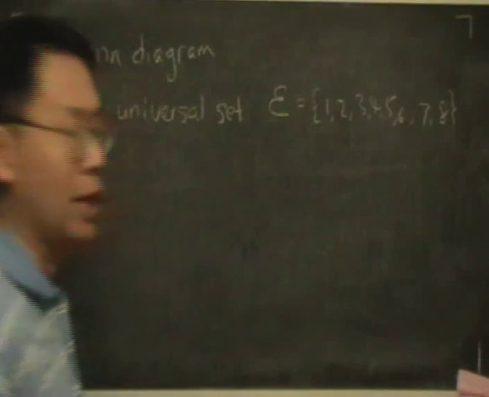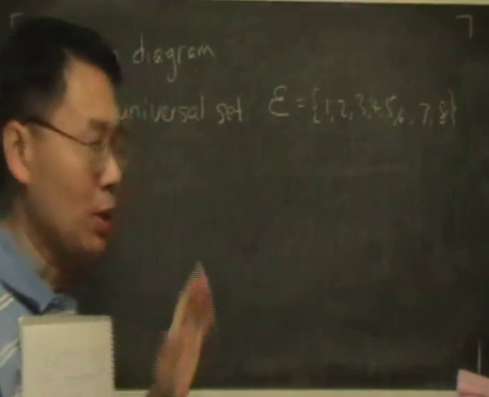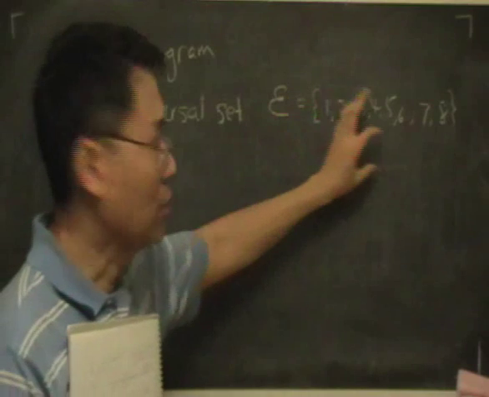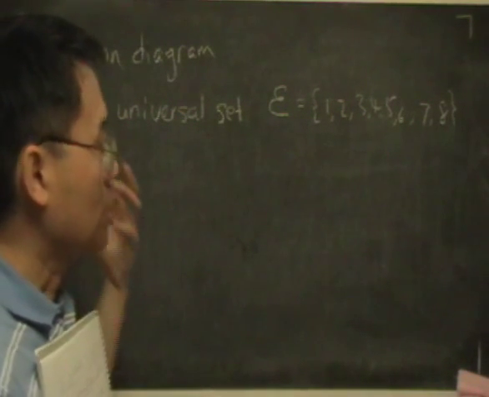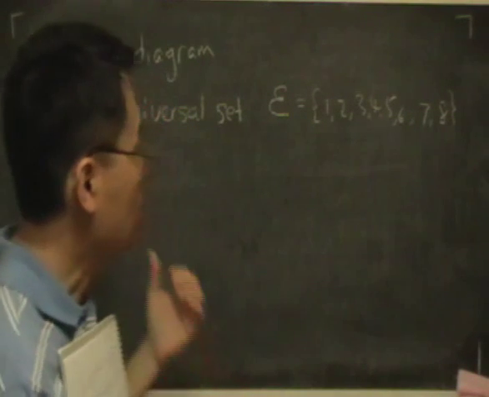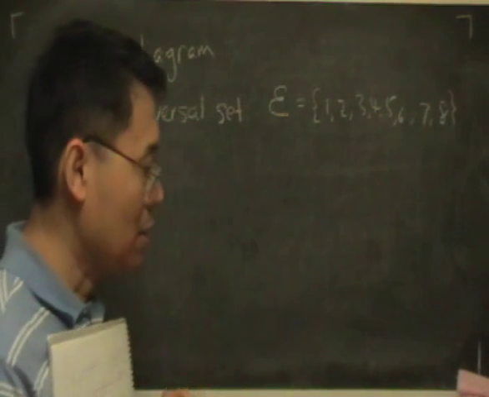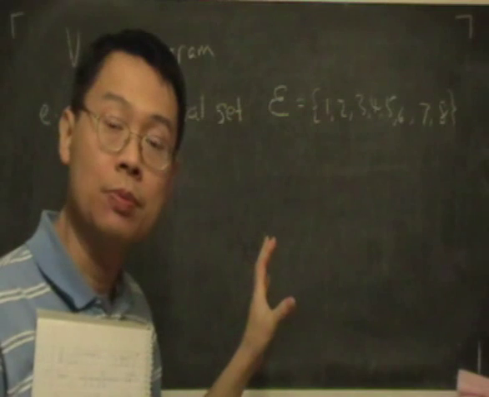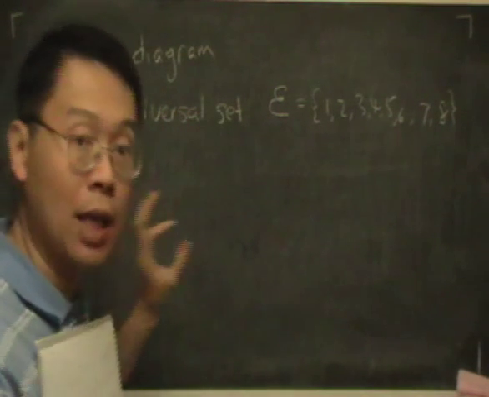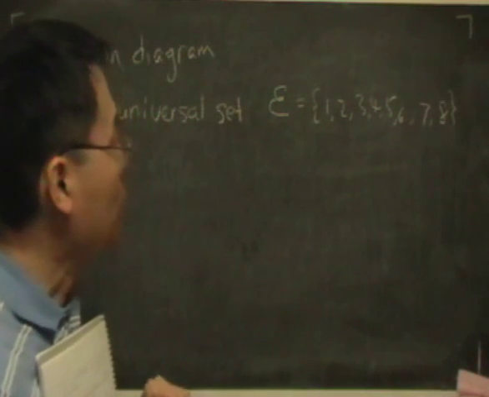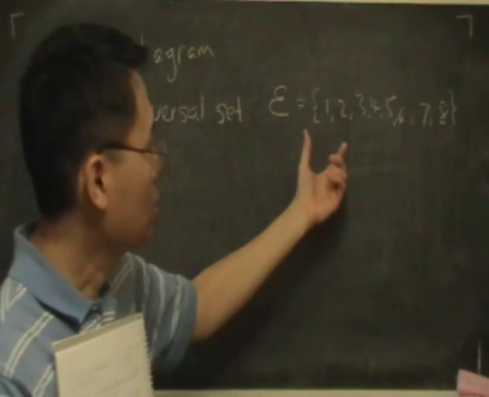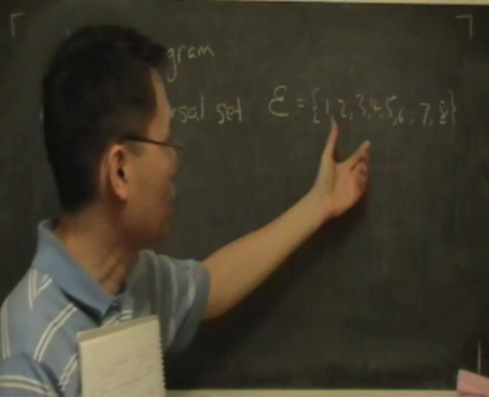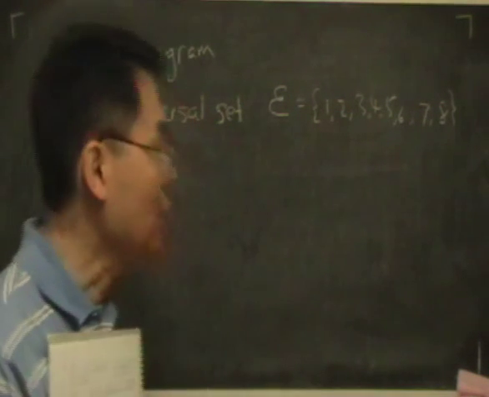Just the 8 numbers there. Notice that what I'm doing here is defining my universal set. It's the largest set that I'm going to use. Whatever set I talk about next, I'm just going to look at sets that are smaller than this and that contain these elements here.